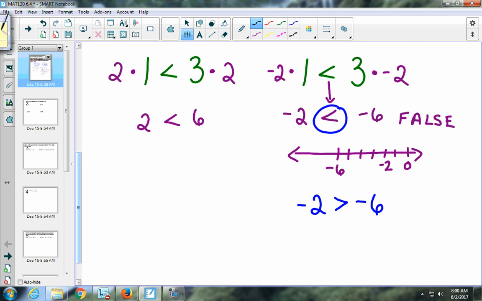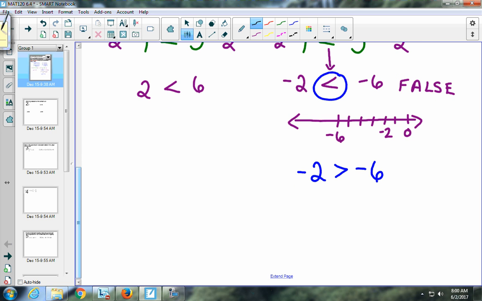The same thing happens if we divide both sides by a negative number. If I start out with something like 8 is greater than 4, still a true statement. If I decided to divide both sides by negative 2, I would have negative 4 and negative 2.